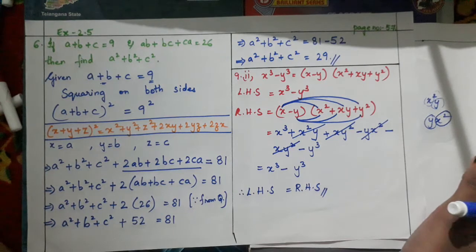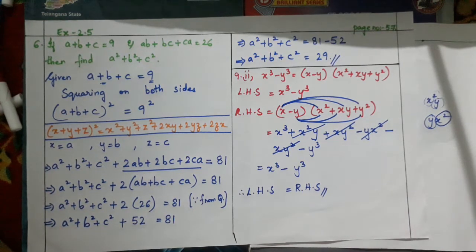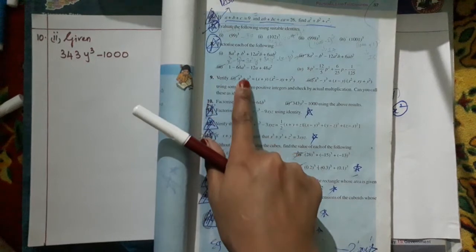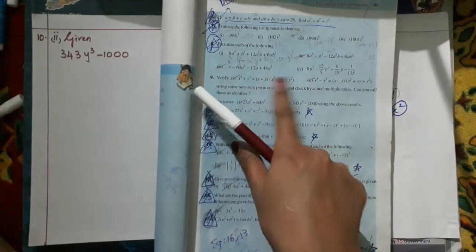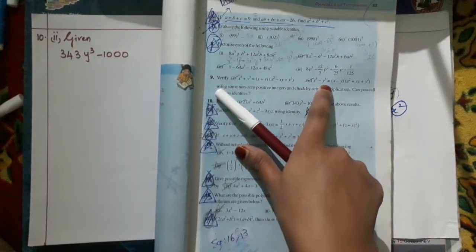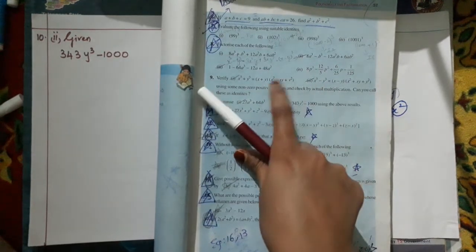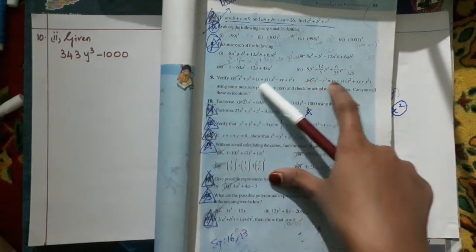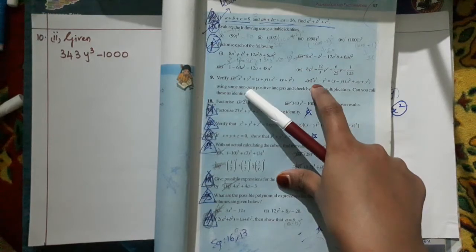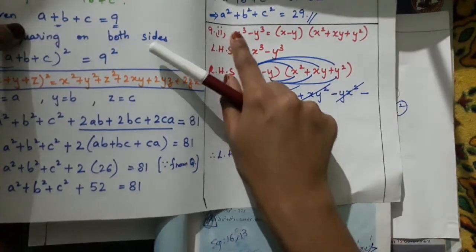Next, last question, children. Here, children, ninth bit first and second sums, these two are formulas, children. For these formulas only, just now we have derived. Just now we have derived this sum, no, children. This sum is nothing but formula, children.